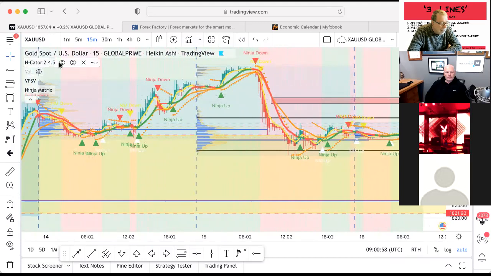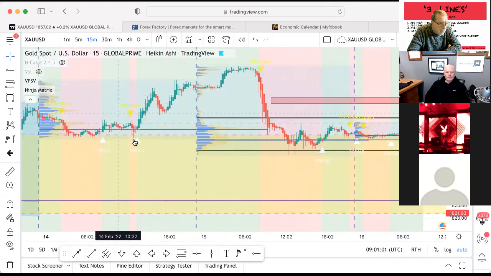if we look at this, take the Ninjacator. I looked at this on Monday. This is Monday, isn't it? Yeah, it bounced off the top a few times, and then at 1:15, we got a Ninja Matrix up at that point. I started to take interest at this point because it was round about the New York opening, just before New York opening, and there's normally a big move at around that time.